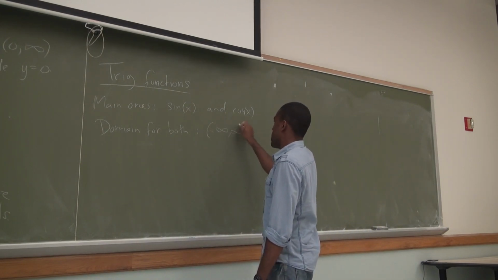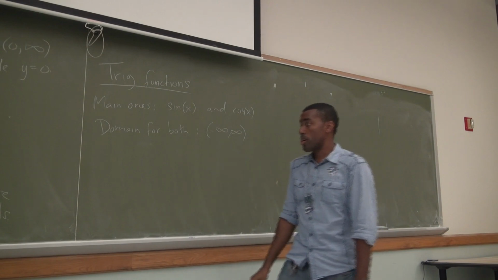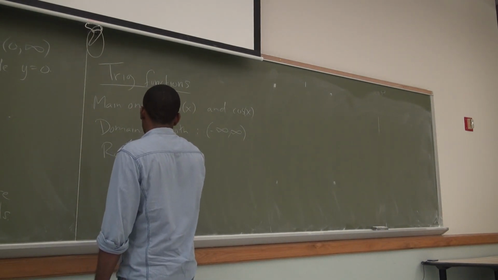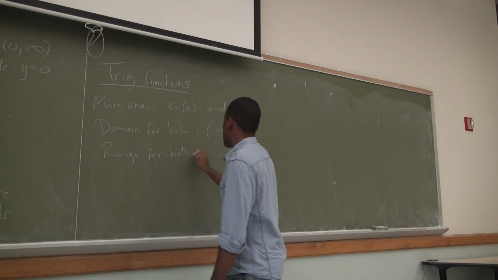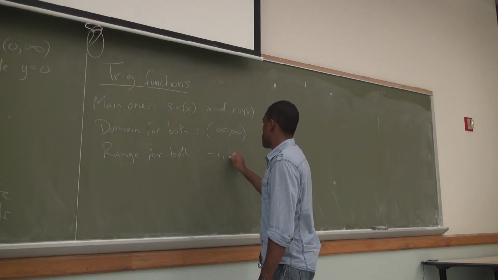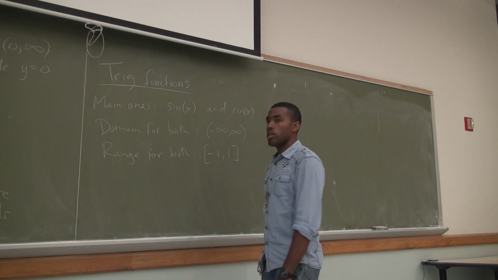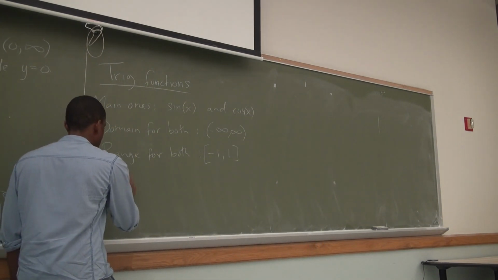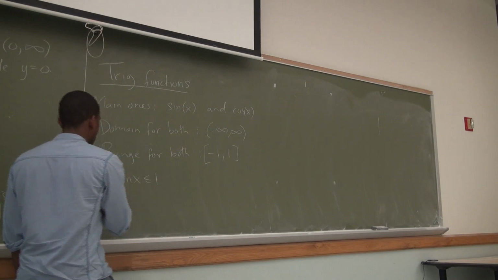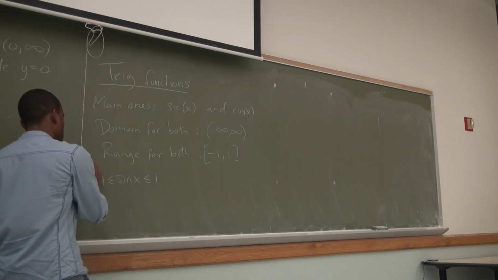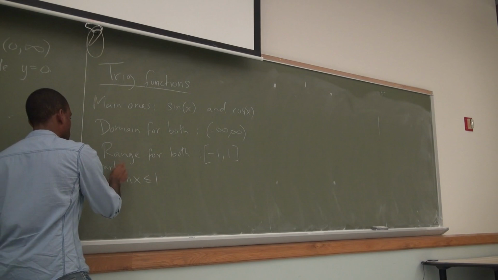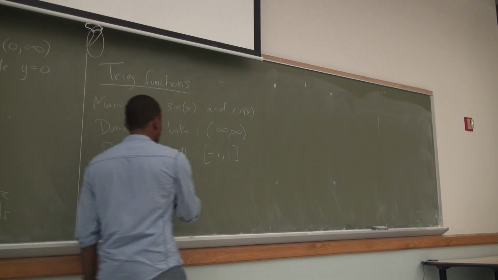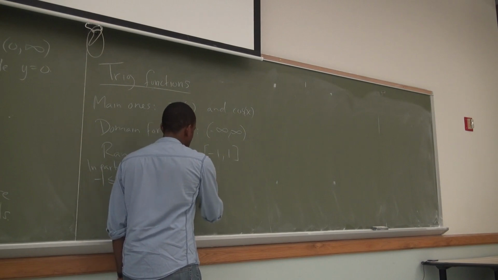Everything. Anything you plug into these functions will work. They also have the same range. What's the range for both? So 1 and -1. -1 to 1 inclusive. Right? So in particular, sin x is always between 1 and -1. That's going to help us a lot down the road. The same is true for cosine x.